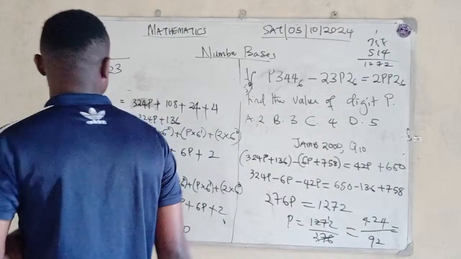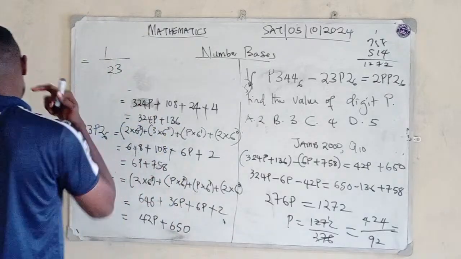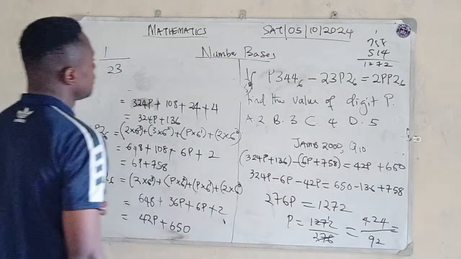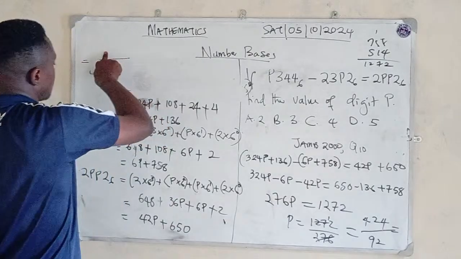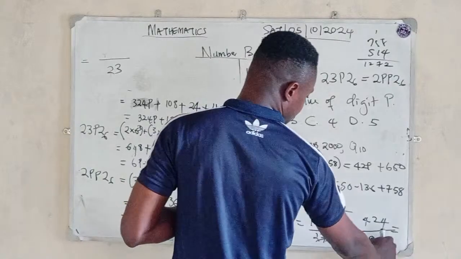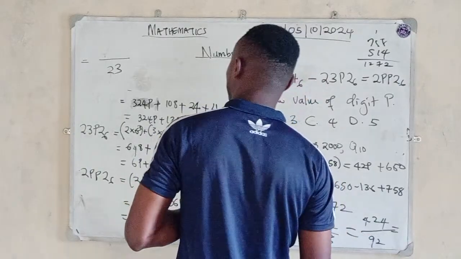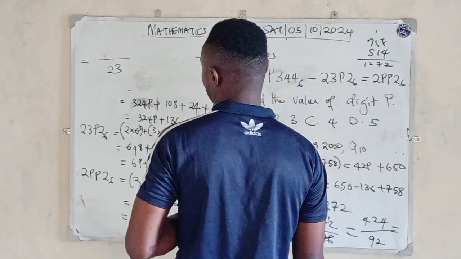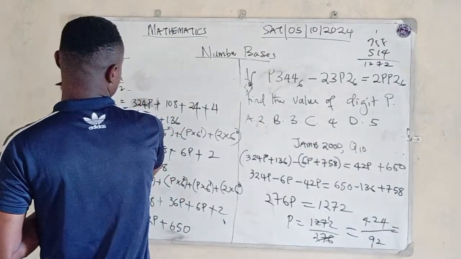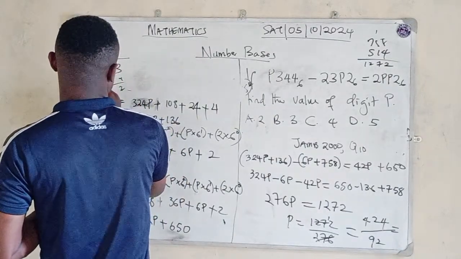We have 9 here, you have 2, 12. It's correct.